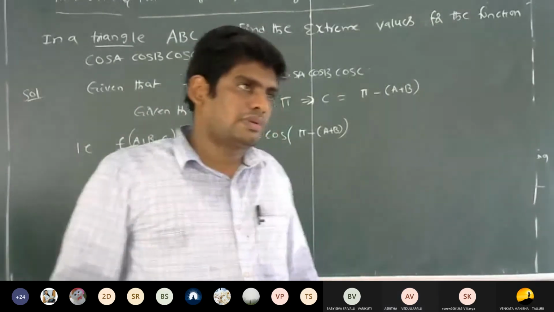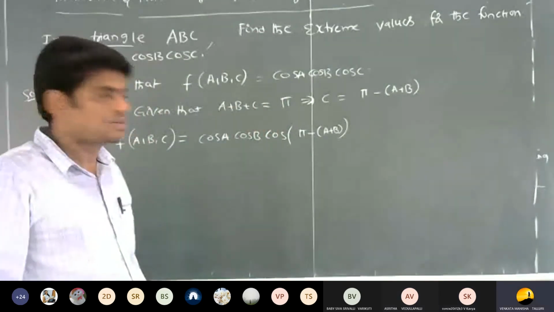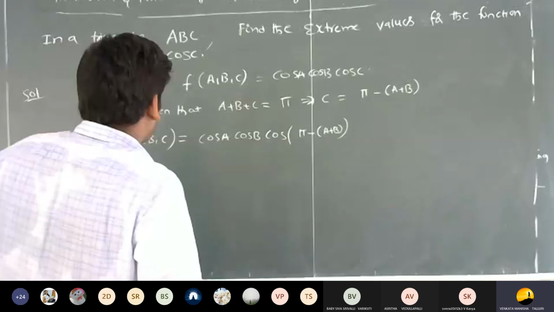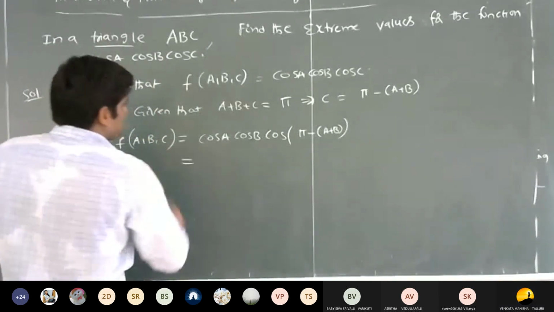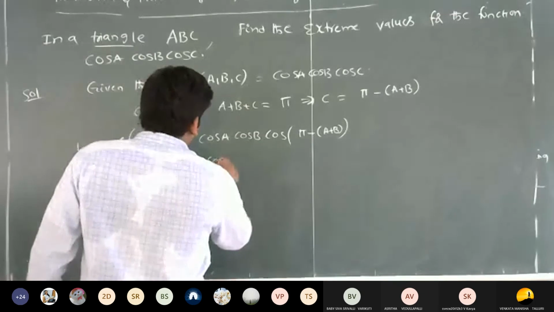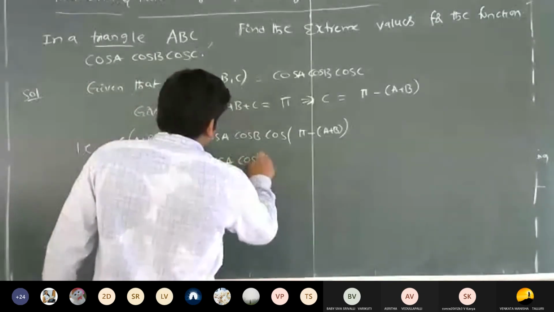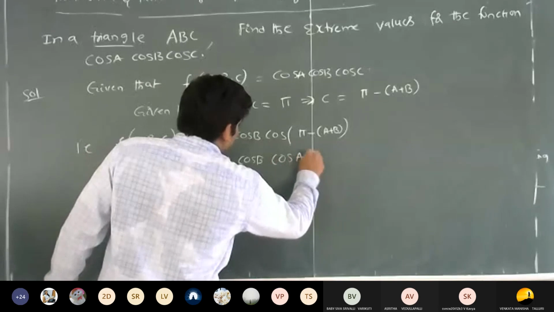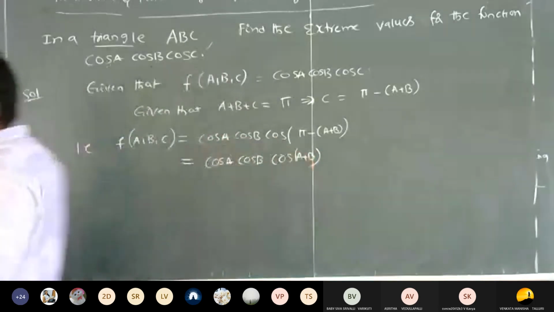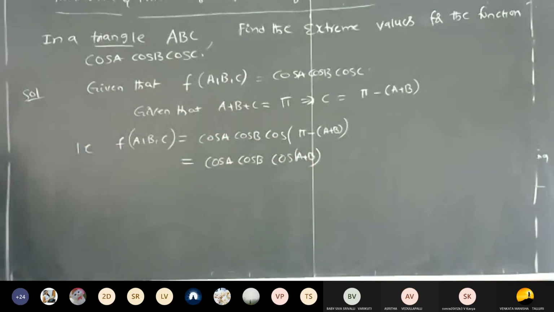Second quadrant, sir. Second quadrant. So therefore it becomes cos A into cos B into cos of A plus B.